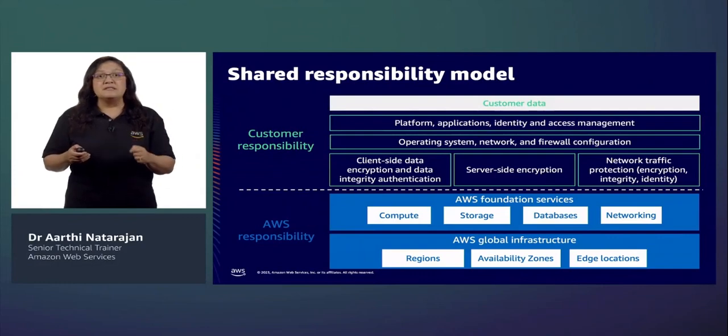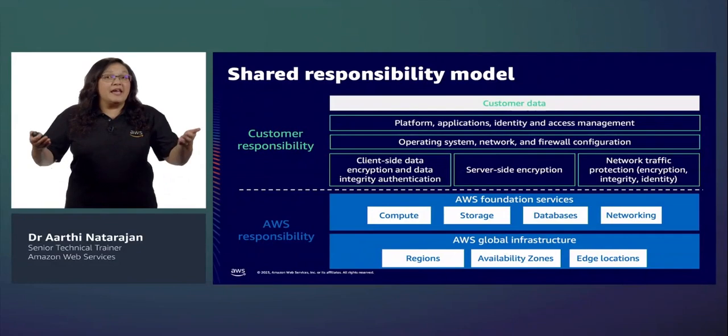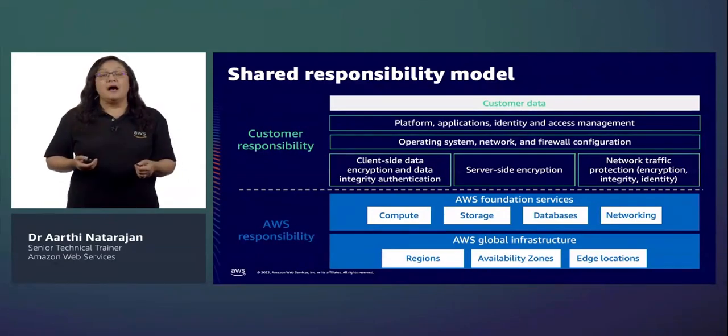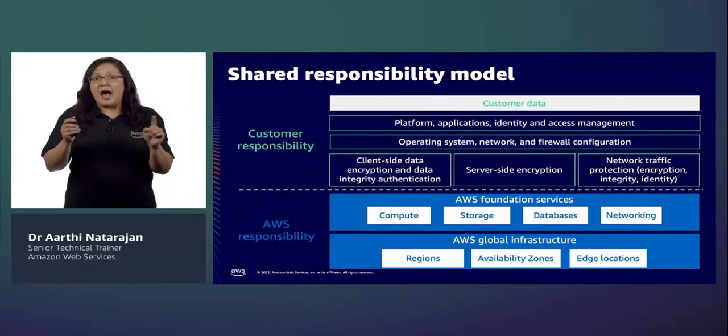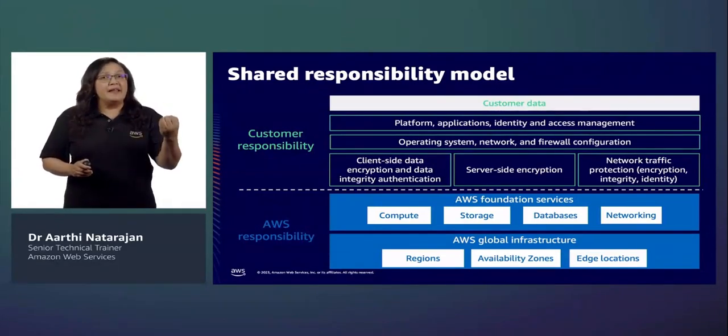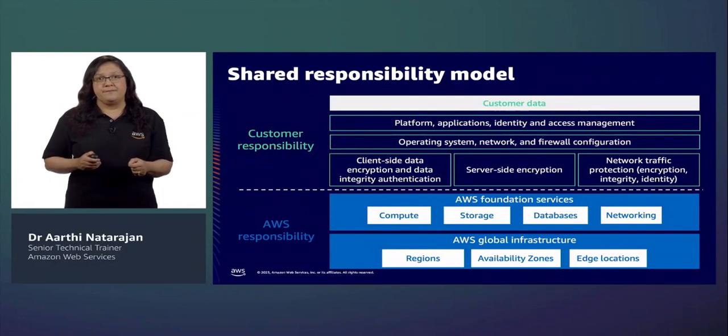It is the responsibility of AWS to provide the ability to encrypt your EBS volumes. However, it is your responsibility to actually enable the encryption. We don't mandate how you must perform something. We provide you the options, the levers, and controls.